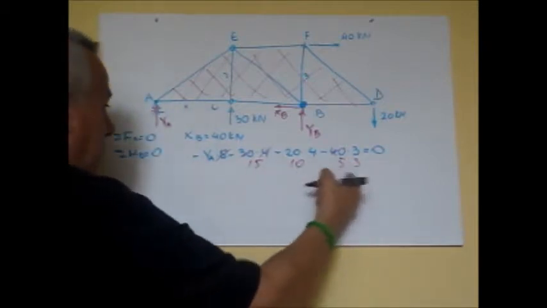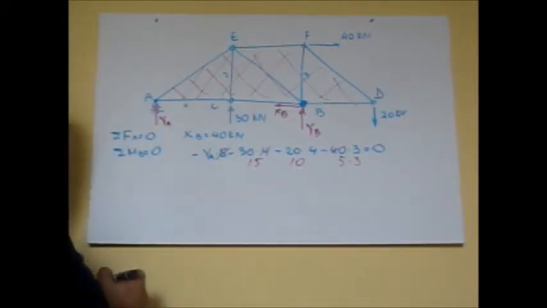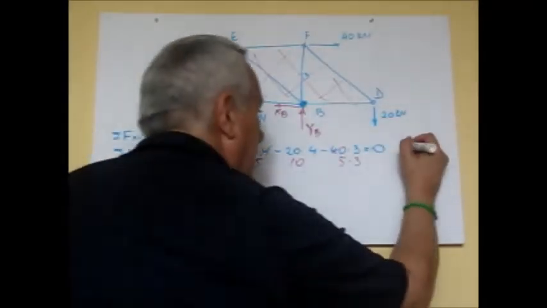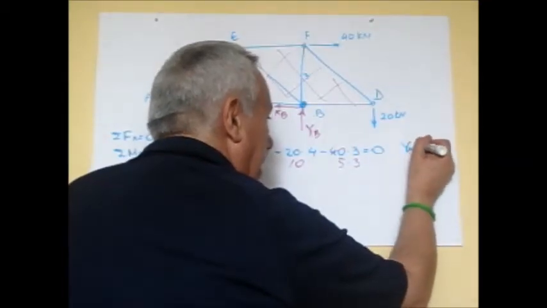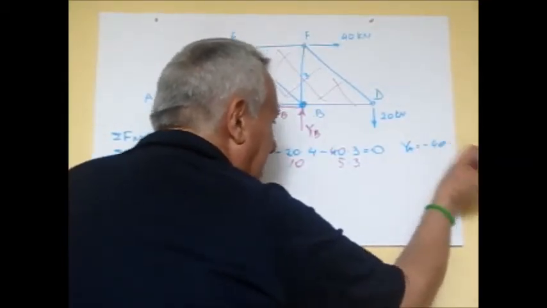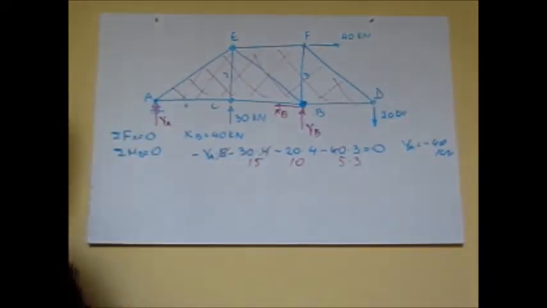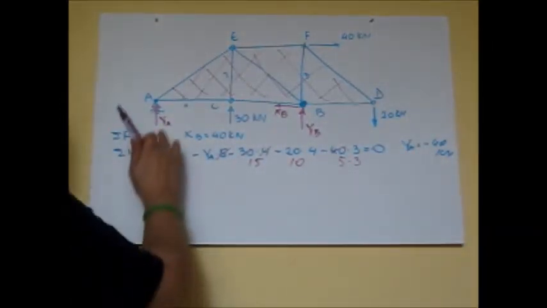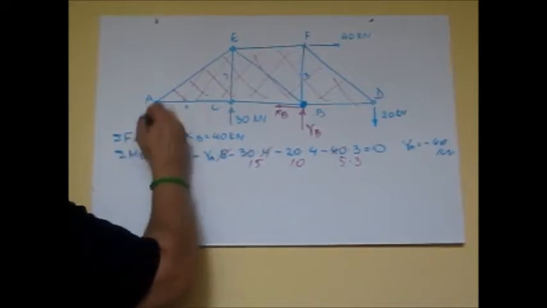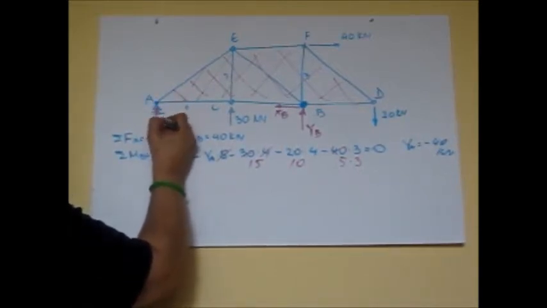So 15, 15, 10 is 40. So YA is 40. The reaction YA is 40. What I have, I'm going to write here, YA equals minus 40. I did it fast, kilonewton, but you can check it. And it means that I'm going to change the direction here. It's going to be 40, but going down.